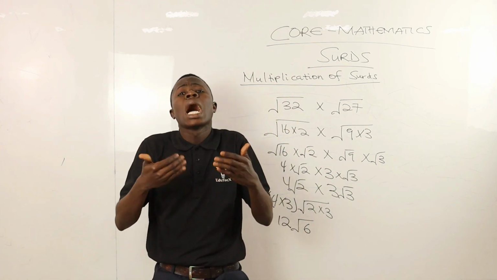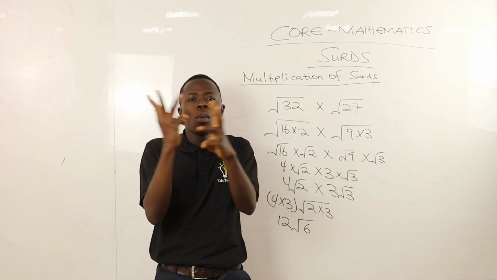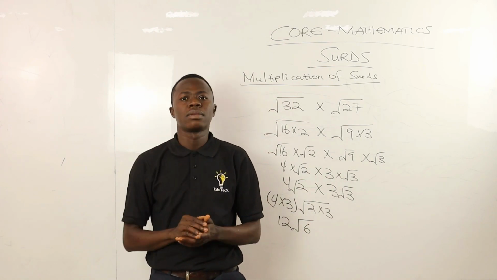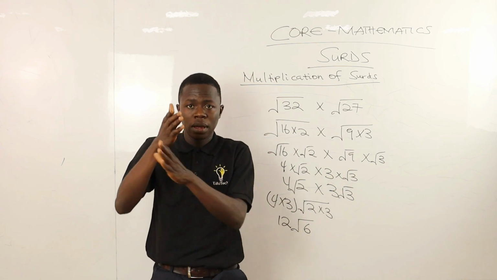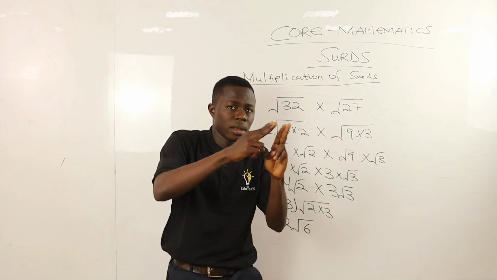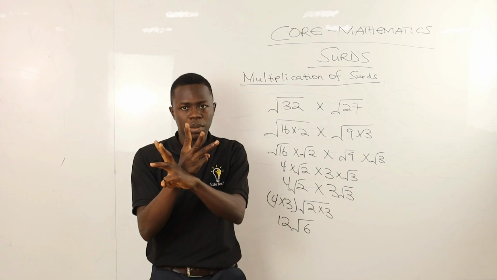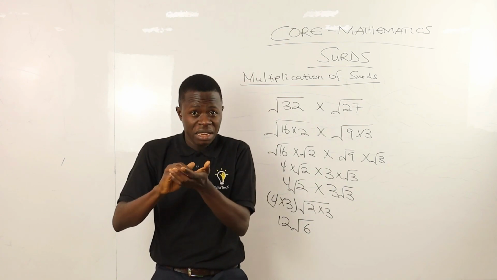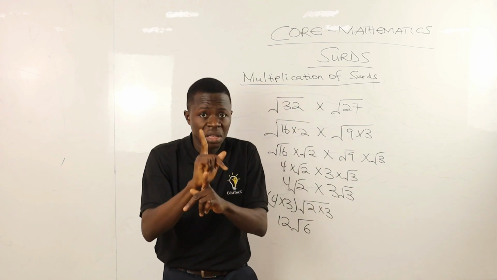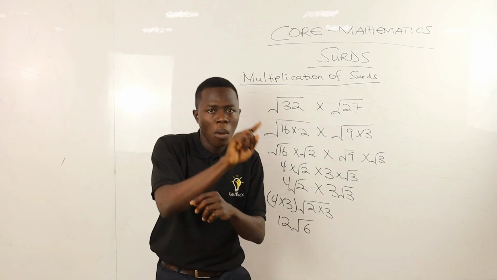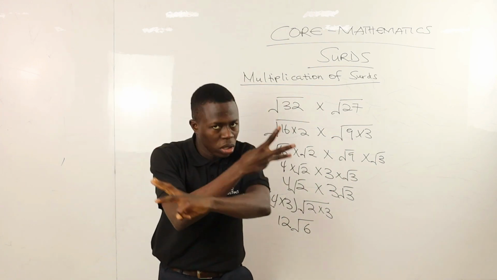So students, that is how to solve sets involving multiplication. We learned that there are 2 major ways in doing so. The first step is to isolate the numbers in front of the square root sign and multiply them. Then again, the numbers under the square root sign, are we to keep one like in addition and subtraction of sets?